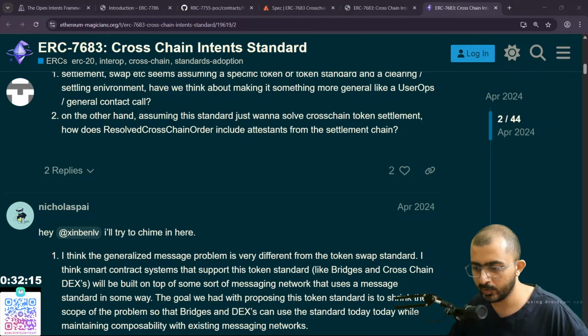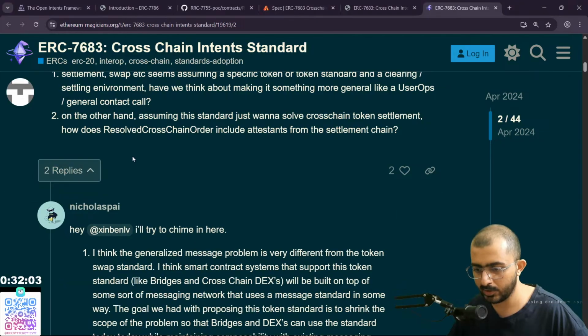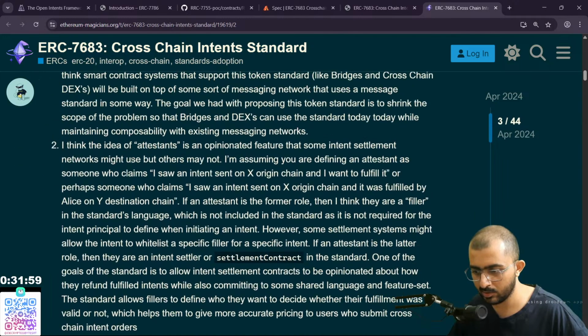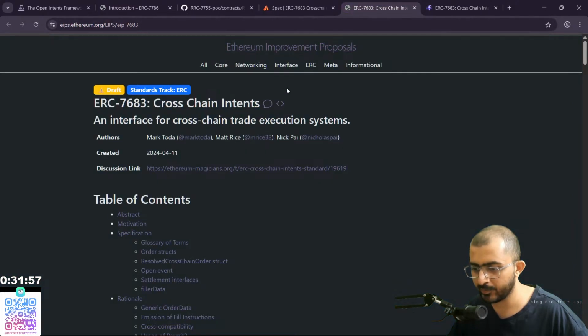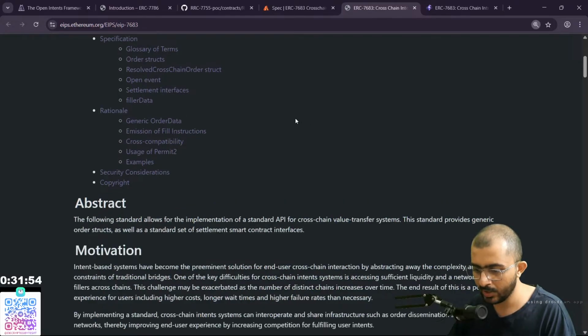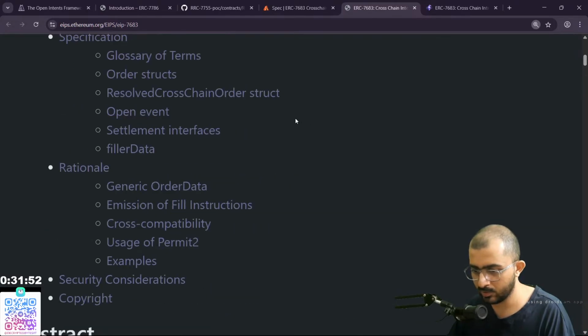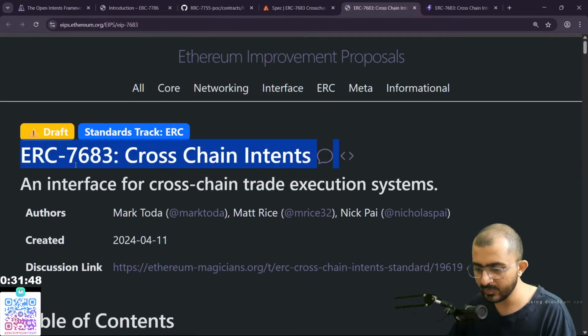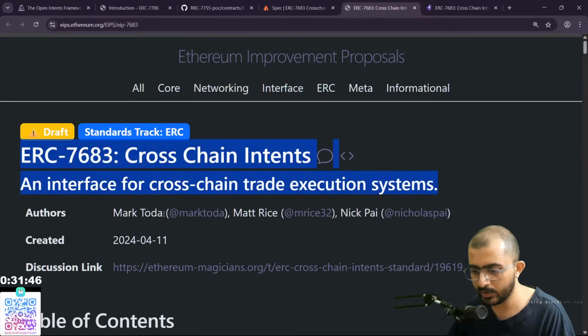On the other hand, assuming this standard just wants to solve cross-chain token settlement, how does a resolved cross-chain order include attestations from settlement chains? Okay, this is the one. Now we should go through this first. We know what it is.